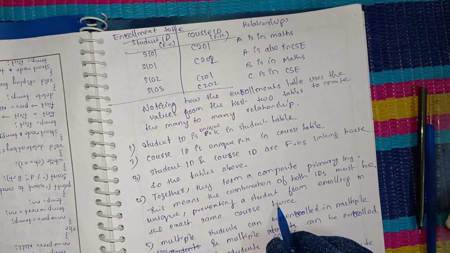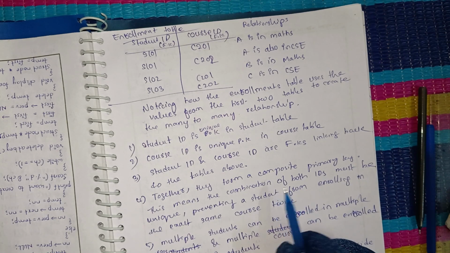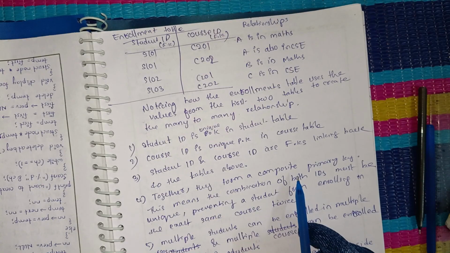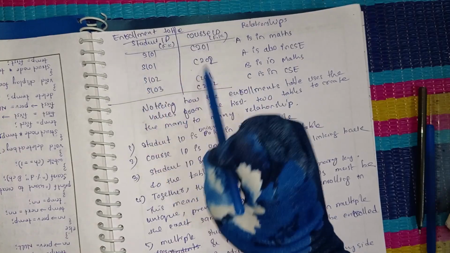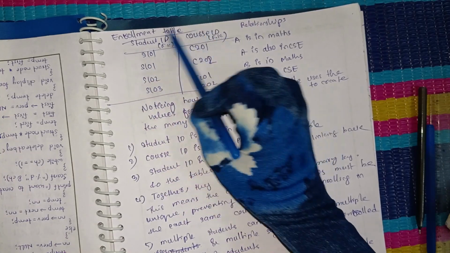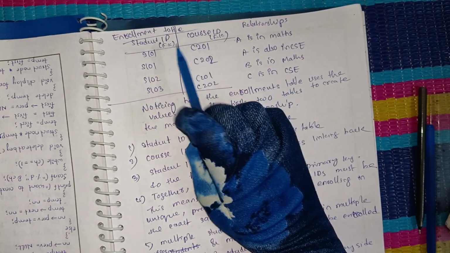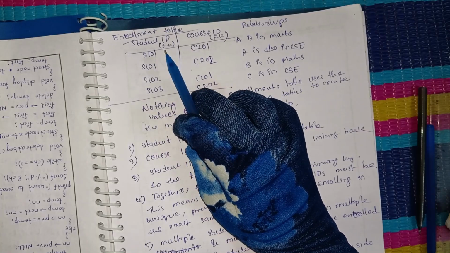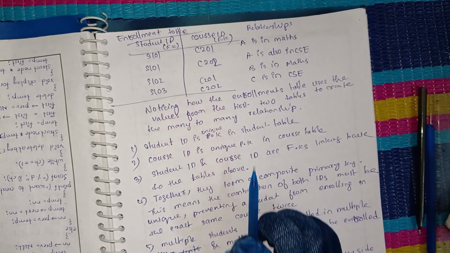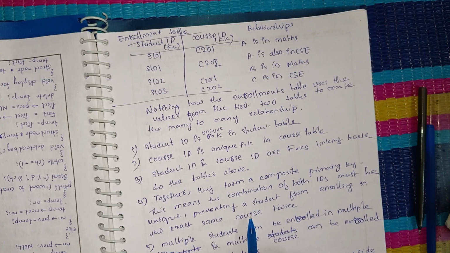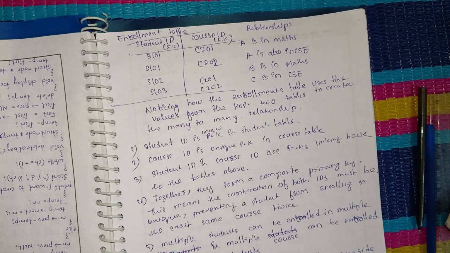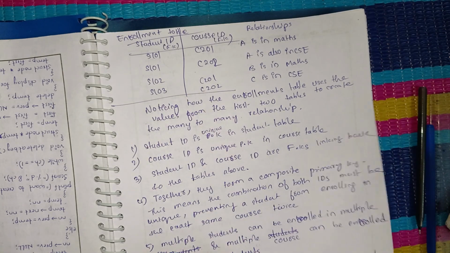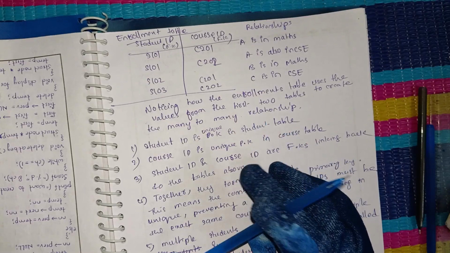So here we have written some important points due to the partial key. In the composite primary key, these two represent the composite primary key, so each one is called a partial key. Because the partial key definition is that it combines with the primary key and becomes the one which identifies each row.